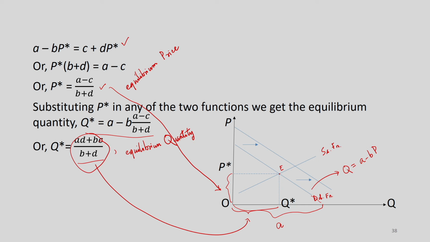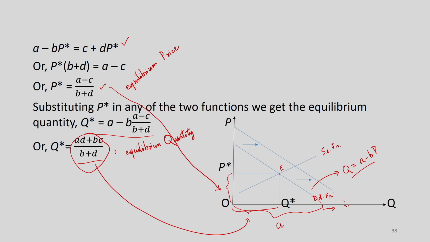If I put P equal to 0, then from this equation you can see that Q is equal to A. So, rise of A means that this intercept is rising.